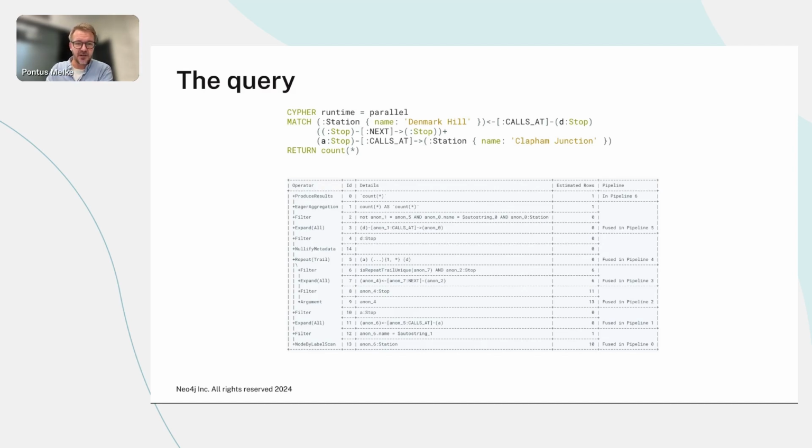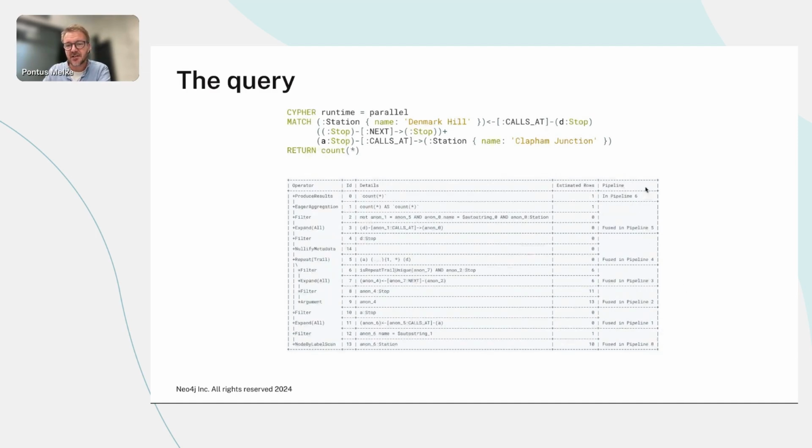It may look complicated, but we can look at the bottom left. We have this label scan, which is finding a station, and then it has a filter, and it's filtering out all labels with some name. So this is probably Denmark Hill or Clapham Junction. I'm not completely sure.